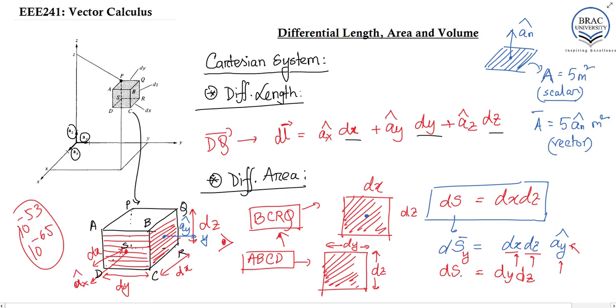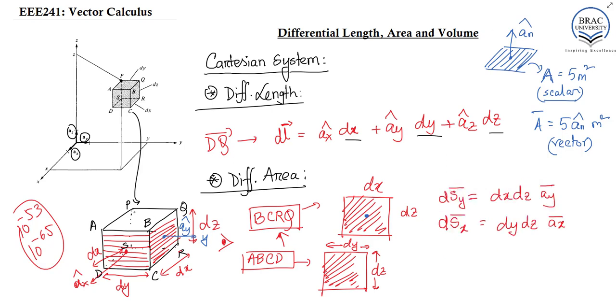So if we translate it into the vector quantity, then we get ax. And since this is a vector now, we apply a bar over it and a subscript of x to denote that it's the surface that's perpendicular to the ax vector, all right?